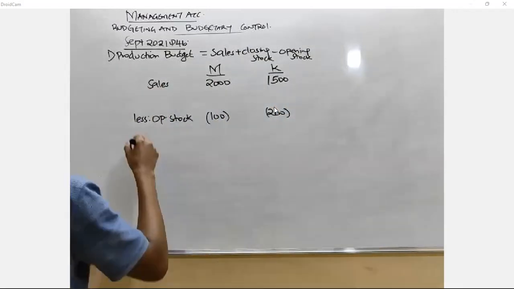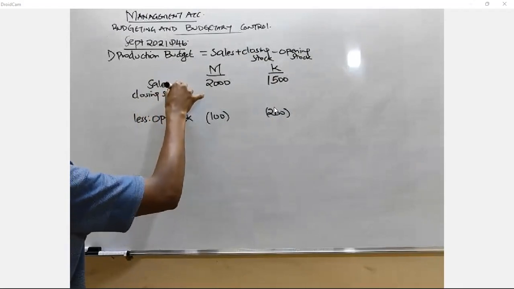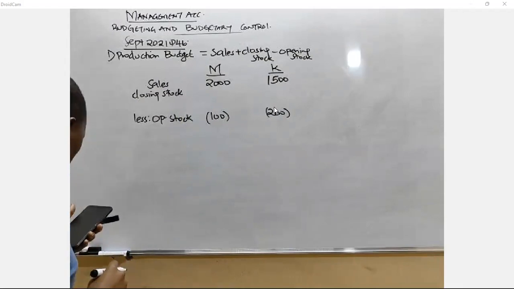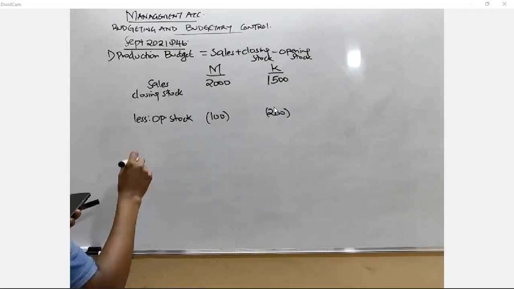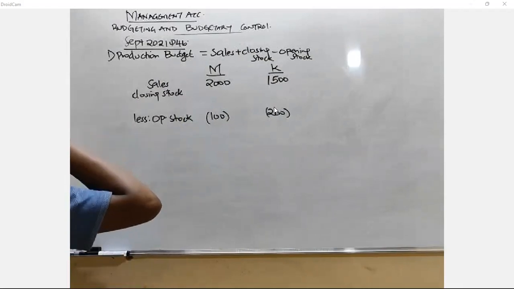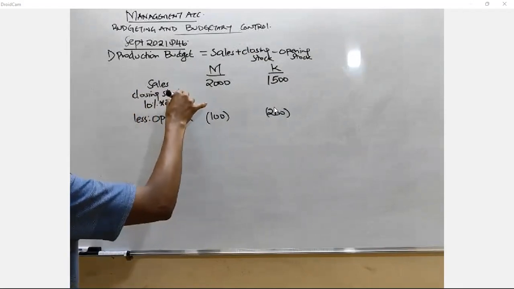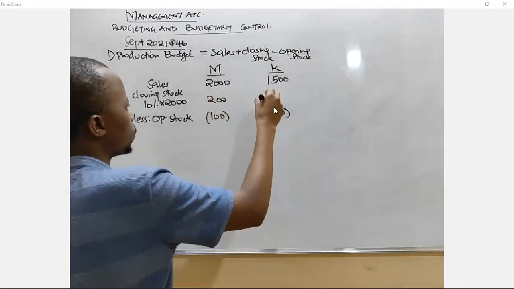So the closing stock here, we have been told in note number 3, the closing stock of materials and finished goods will be sufficient to meet 10% of demand. So 10% of 2,000 is how much? It is 200, and this is around 150.